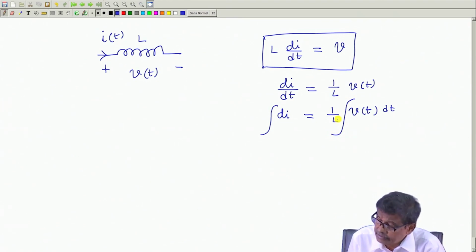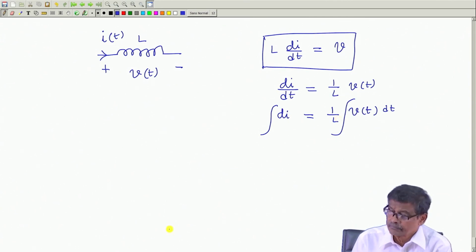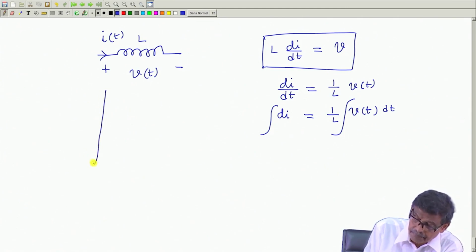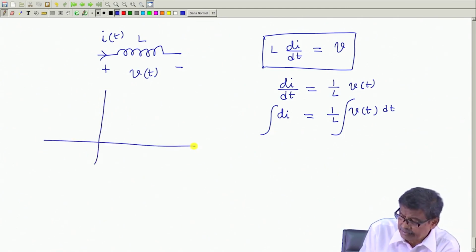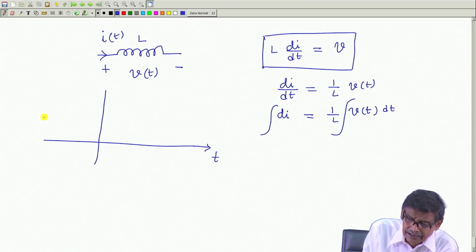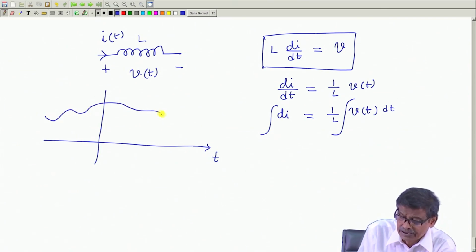Now, the question is, what should be the limit of this integration? How do I integrate it? Look here, this point you listen carefully, what I mean to say. This is the time, and your voltage waveform, as I told you, could be anything, any function of time. Let us say the voltage waveform was doing like this.